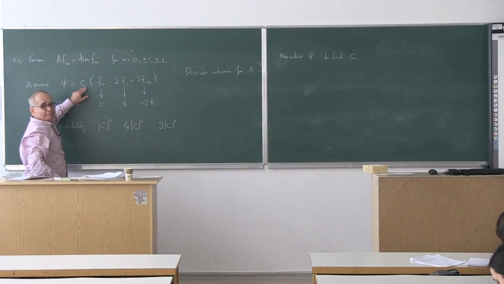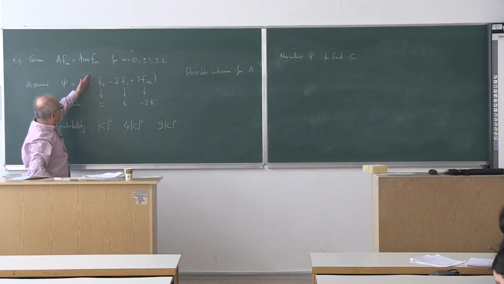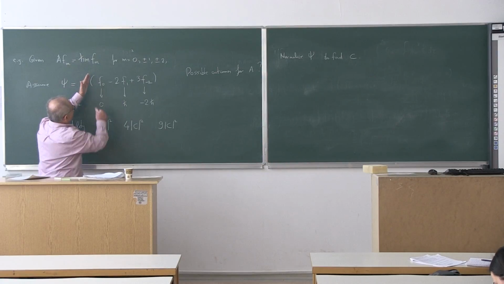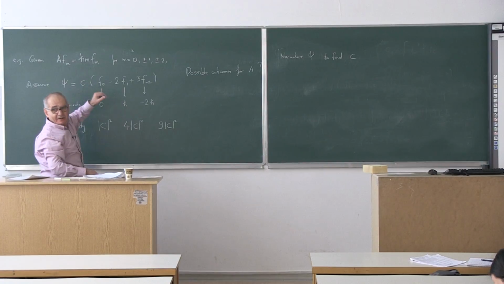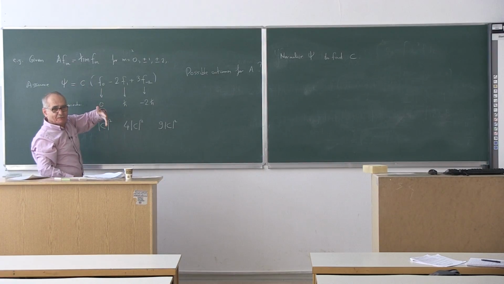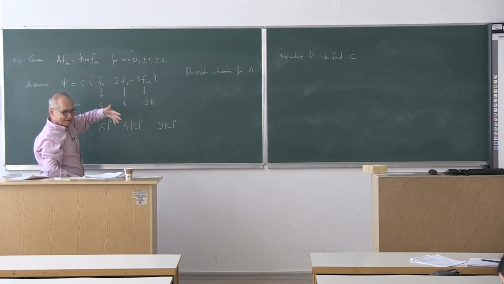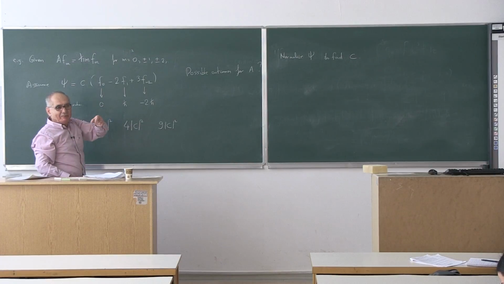This C, you see, is multiplying all terms inside the parentheses. Such a C is called a normalization constant. We assume C to be a real number.